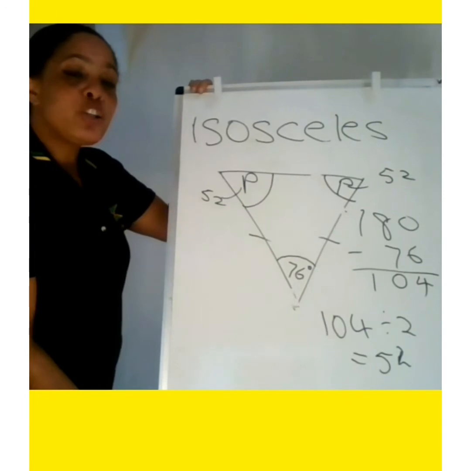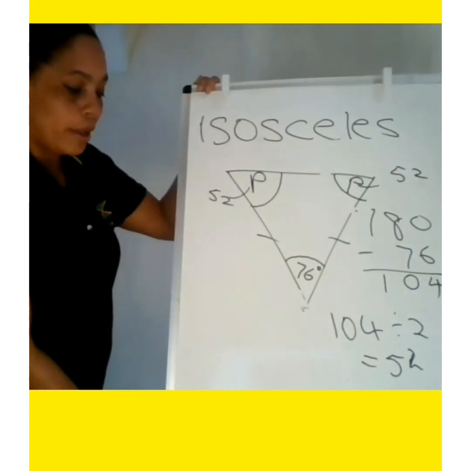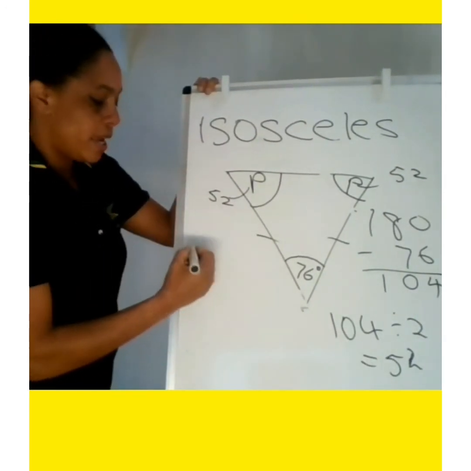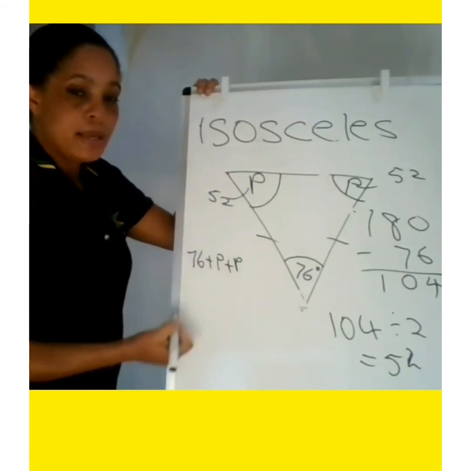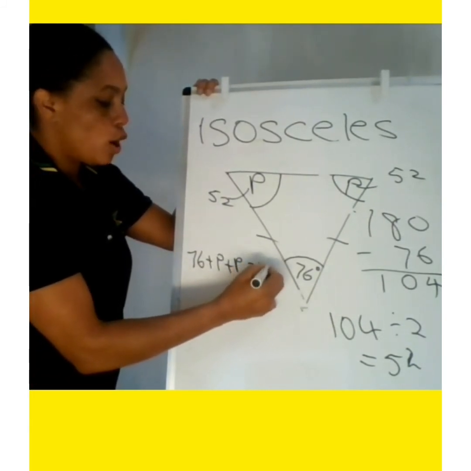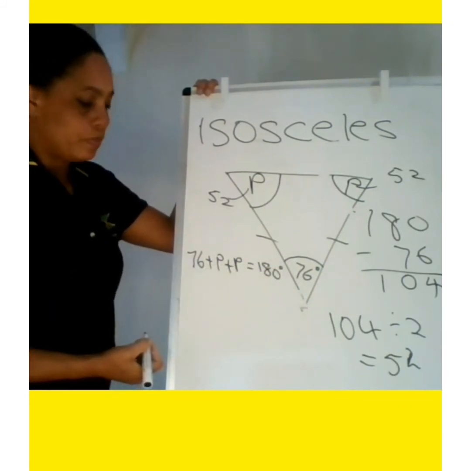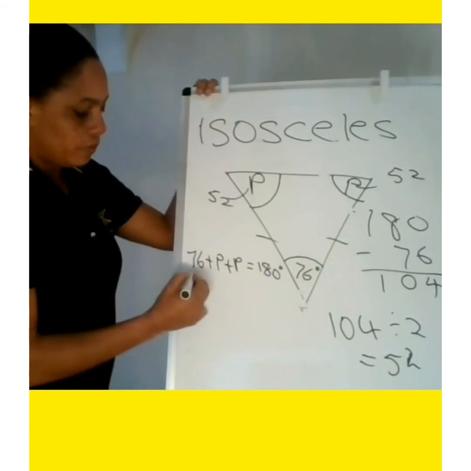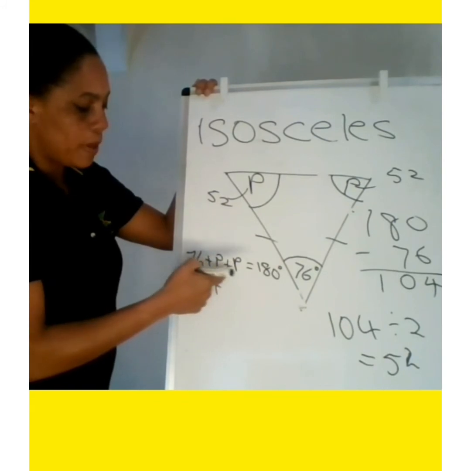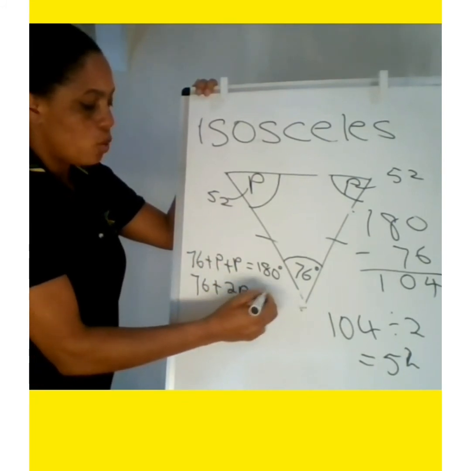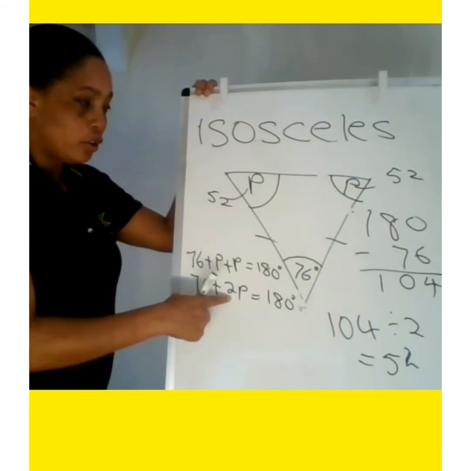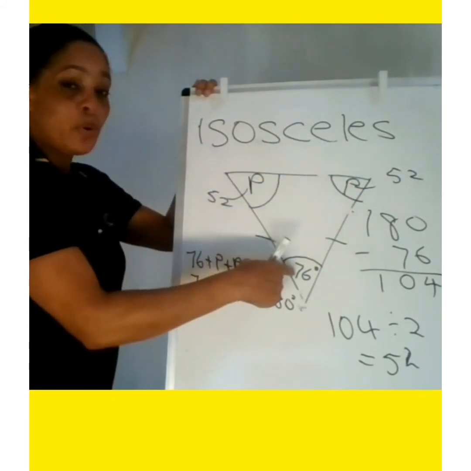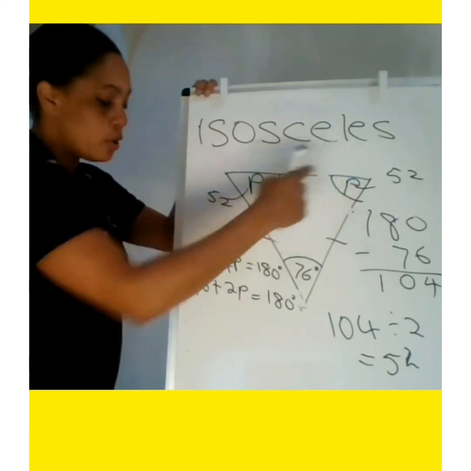But I could decide to show my work in another way. I could decide to say 76 plus P equals 180. 76 plus 2 P's equals 180 degrees. How am I going to find? So I know these 2 P's, if I take that away from 180, these 2 P's are going to be left.